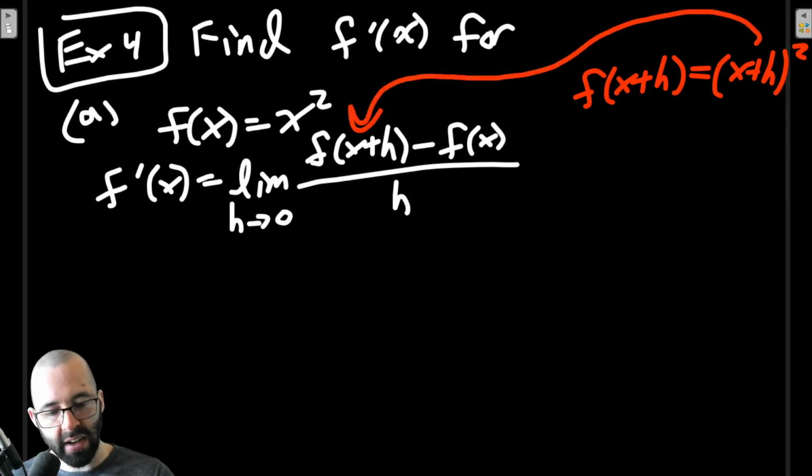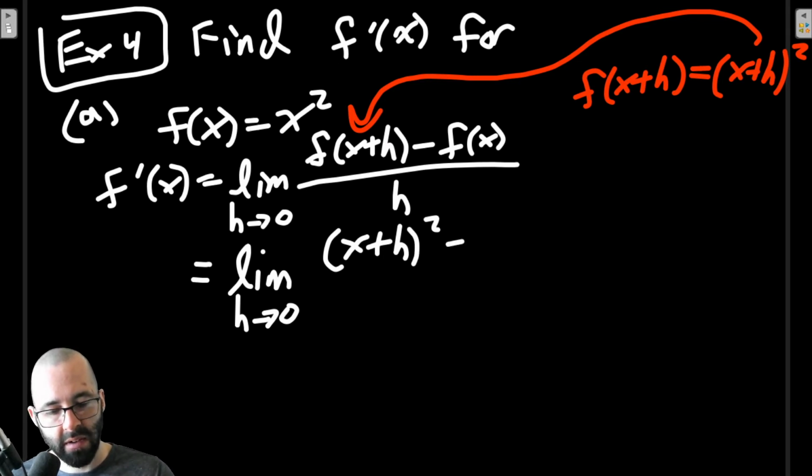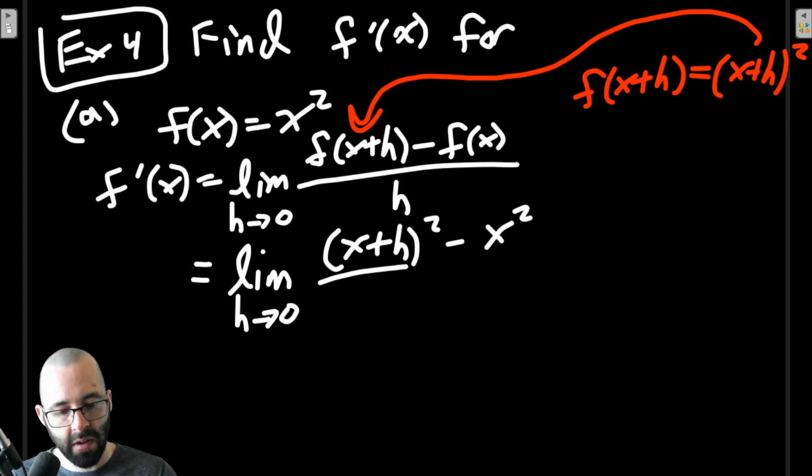So let's plug that in and see what we have here. This is going to become the limit as h goes to 0. This first term we just said was x plus h squared. The second term, f of x, is just x squared. And the denominator is equal to h.